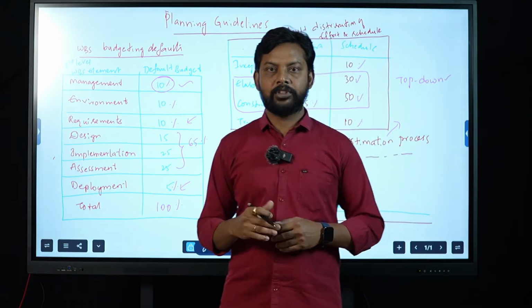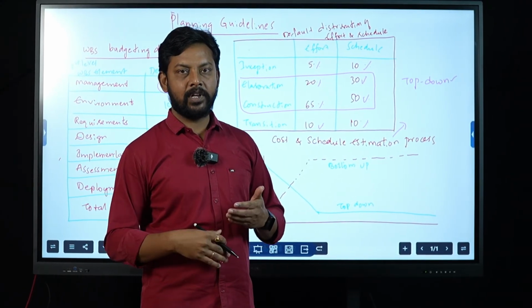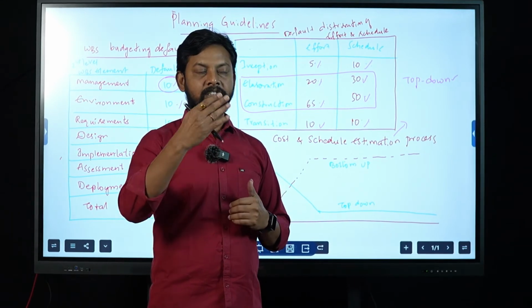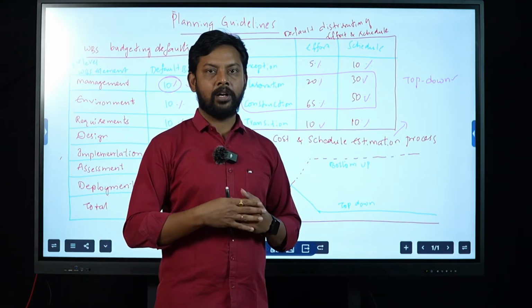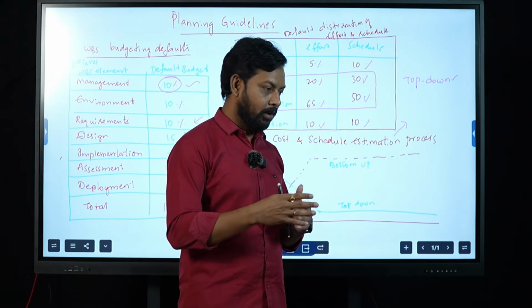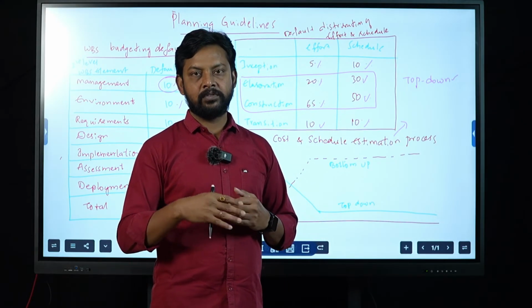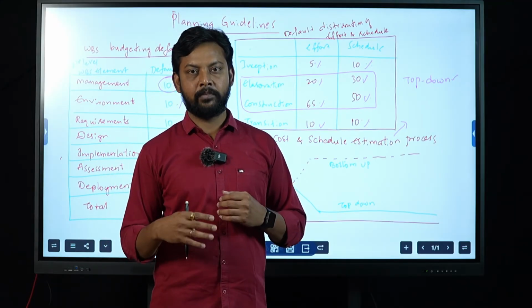So the top-down approach is going to focus on understanding your requirements first. First your manager is going to understand what is the total requirements of your project. Then he is going to come to a conclusion about what are the default budgeting or minor milestones that are supposed to be created. Out of these minor milestones, what is the total cost that is supposed to be spent on your minor milestones.